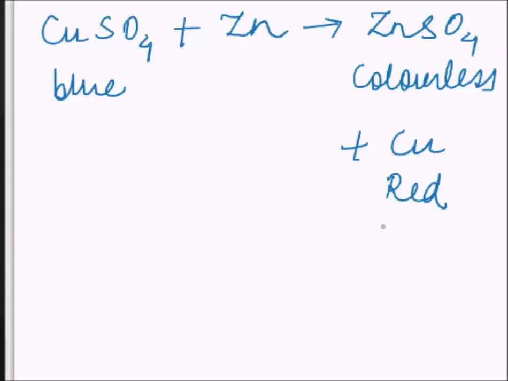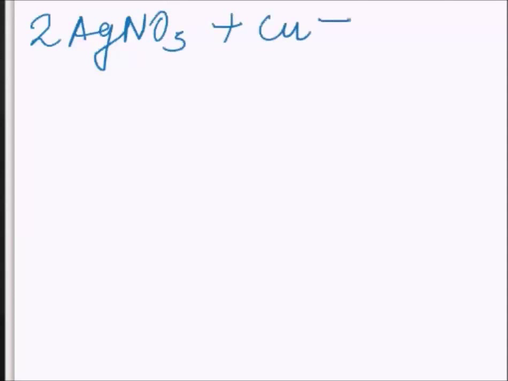Now, other examples of metal displacement reactions are of silver nitrate, 2AgNO3. When it reacts with copper, Cu(NO3)2 is formed along with 2Ag.